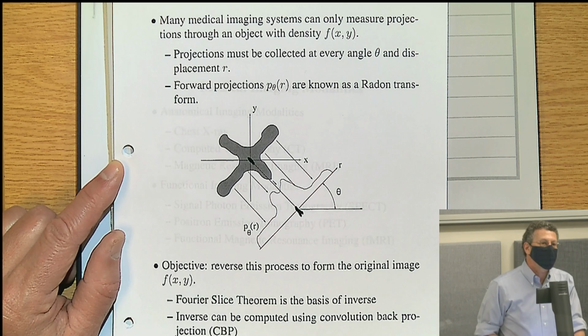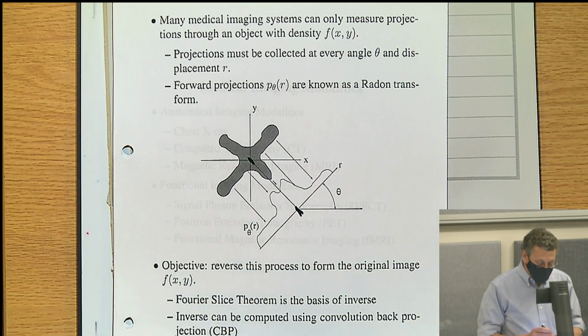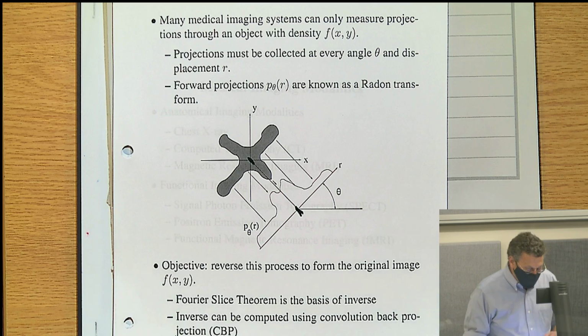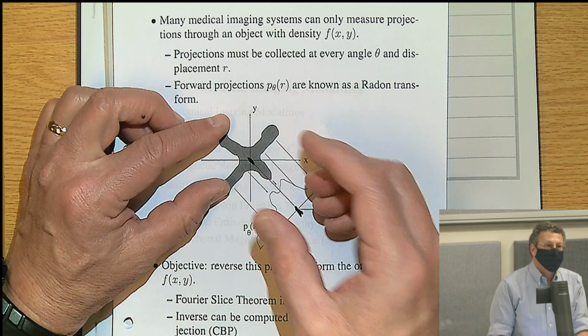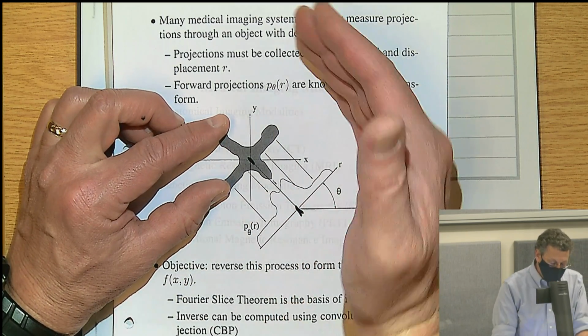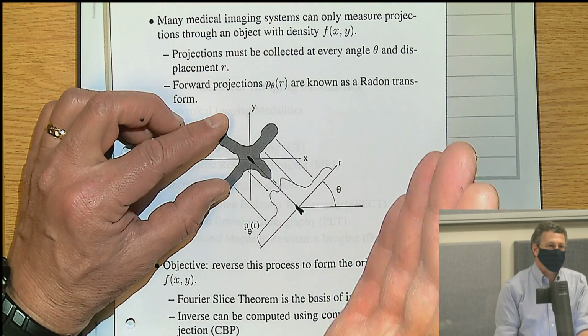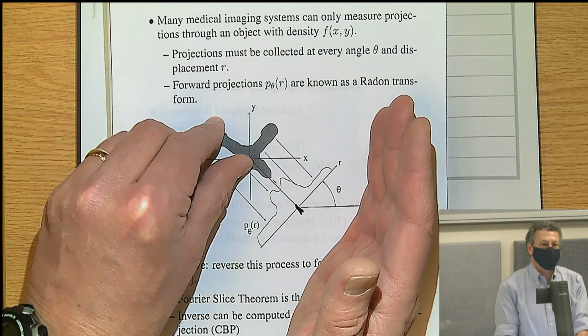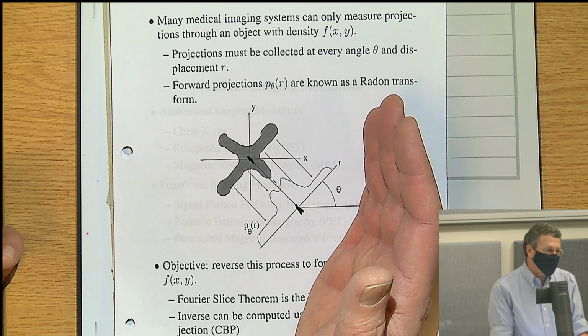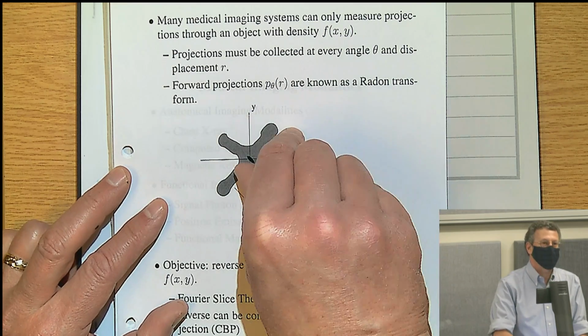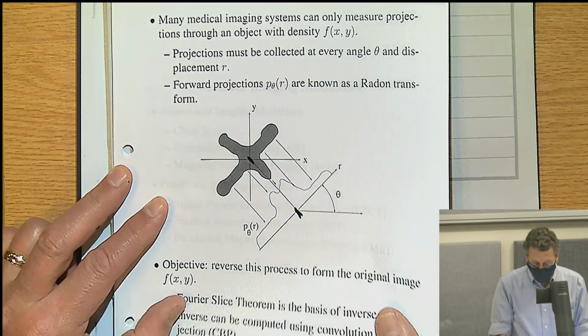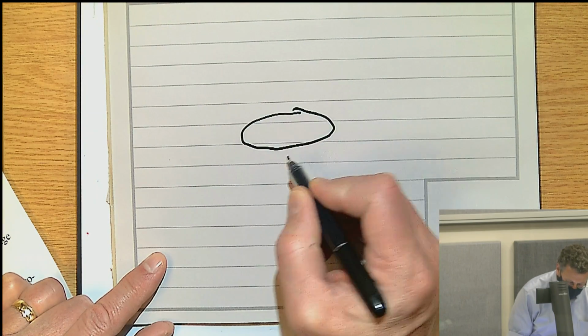Okay? So there's two ways of thinking about it. And in fact, there's two ways of doing it. One is that the object remains still and the detector rotates around the object. The easier way to do it is that the detector stays still and you rotate the object. So in industrial applications, typically they'll rotate the object. So they'll have a turntable like this.